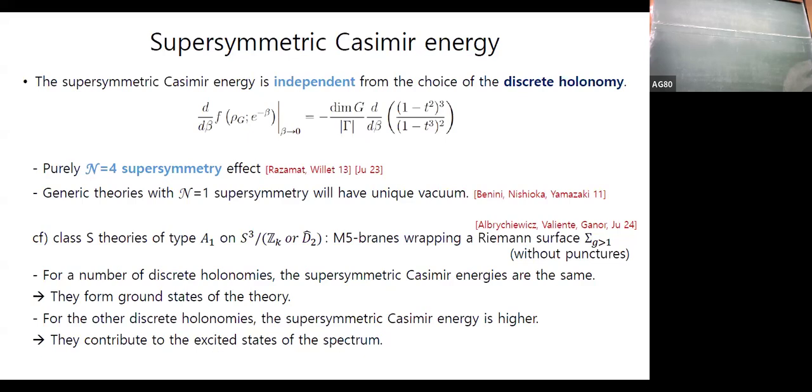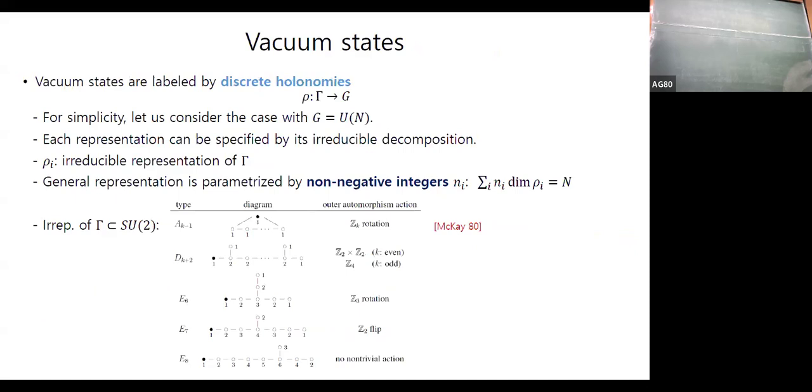So for N=4, anyway, we now have a large number of degenerate vacua to be found. And these vacuum states are labeled by, as I said, discrete holonomies. For simplicity, let us consider the case with a unitary group. Basically, finding discrete holonomies is finding a map from this finite group to the gauge group, and each such map can be specified by an irreducible decomposition.